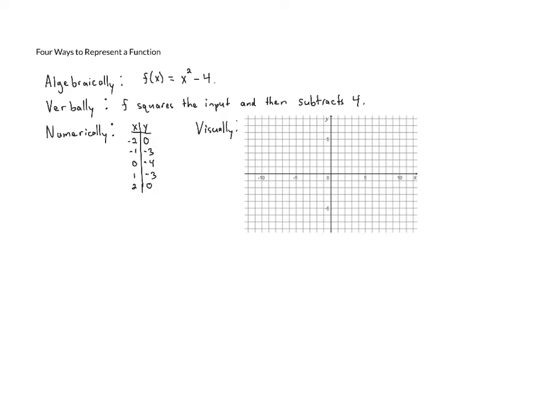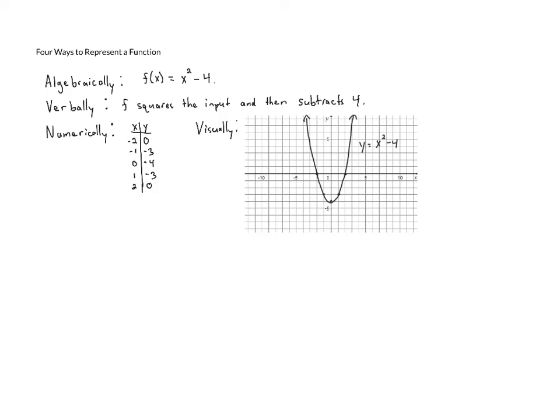If we plot these points on the xy plane, -2, 0, -1, -3, 0, -4, 1, -3, 2, 0, etc. We know this is going to be a parabola. It's a second-degree polynomial. We end up with a graph like that. Y equals x squared minus 4.